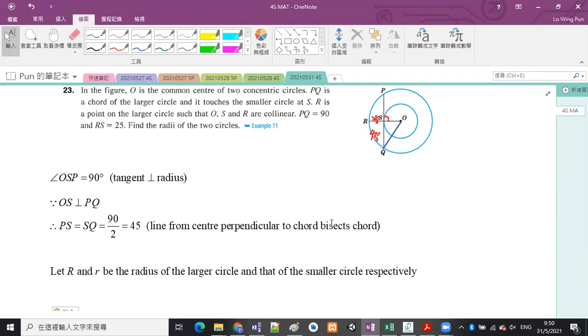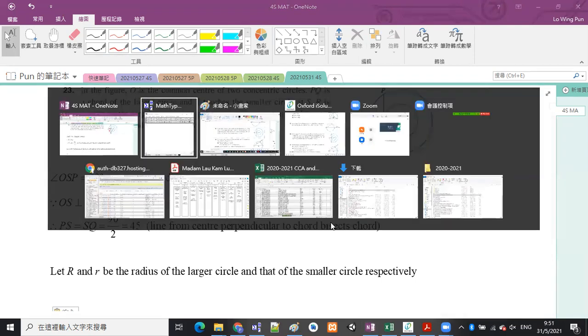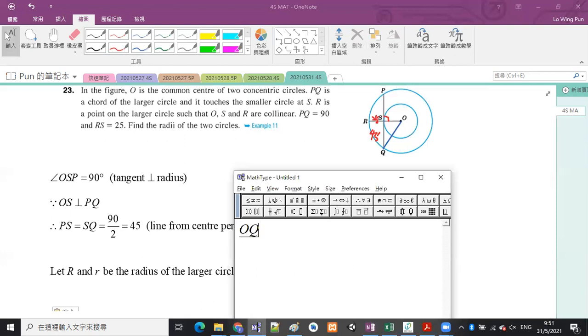So in this right-angled triangle, I can use the Pythagoras theorem to relate them together. So that is like this. Let me write the relationship out. OQ square is equal to OS square plus SQ square. This is Pythagoras theorem. OQ will be capital R, and OS will be small r, plus 45 square here.